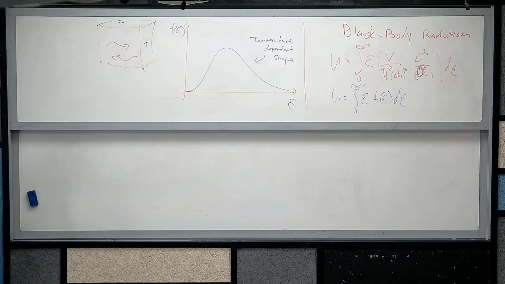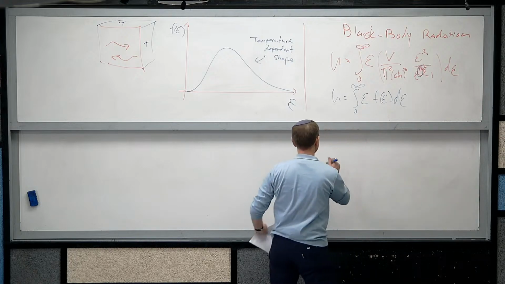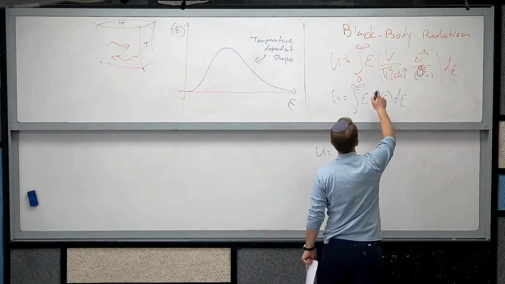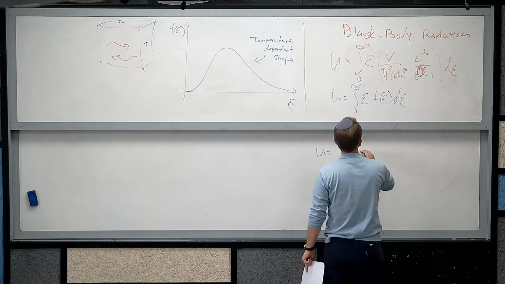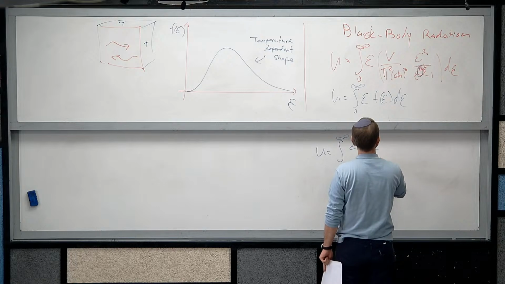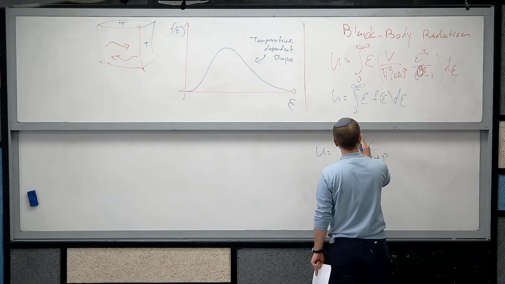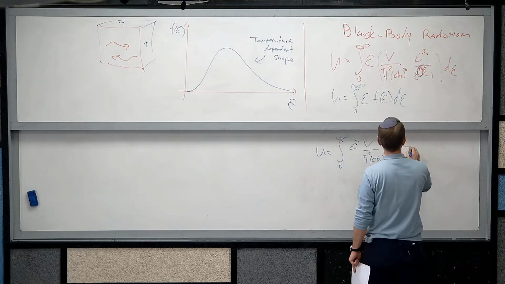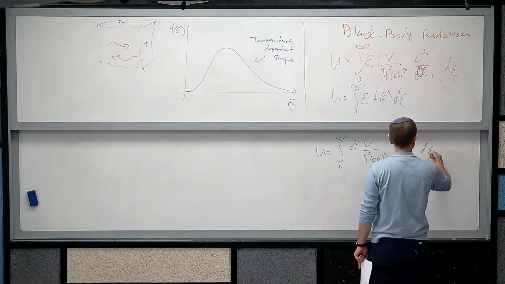Another nice thing that can be obtained is that this integral can actually be computed exactly. So if we take this integral, we have integration from 0 to infinity of epsilon V divided by pi squared c h bar to the third, and here we are going to have epsilon to the third, 1 over e to the beta epsilon minus 1, d epsilon.